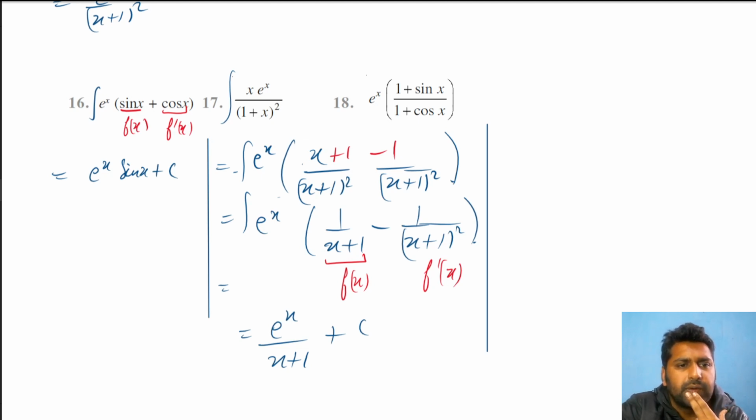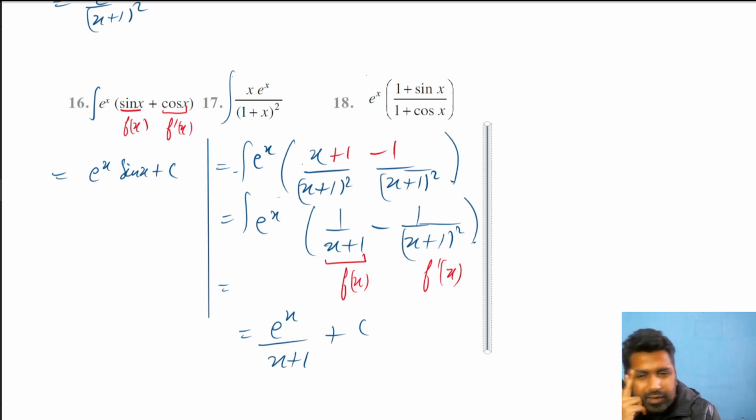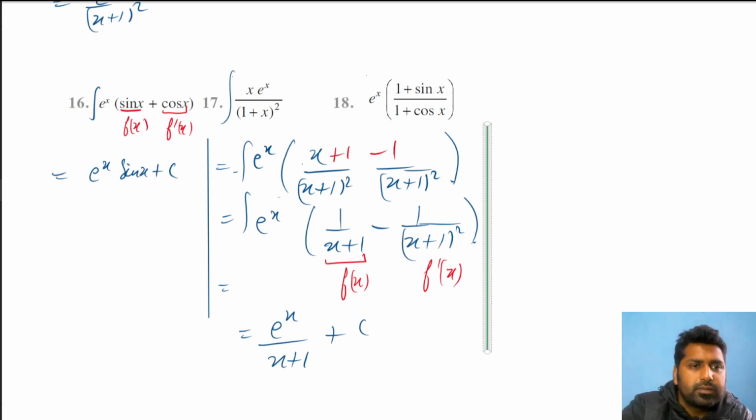What can you do about this 1 minus sine? By adding plus 1 minus 1, again you cannot do anything. But 1 plus cos, we know 1 plus cos is something. Let's try that if that works. e raised to power x. What is 1 plus cos?